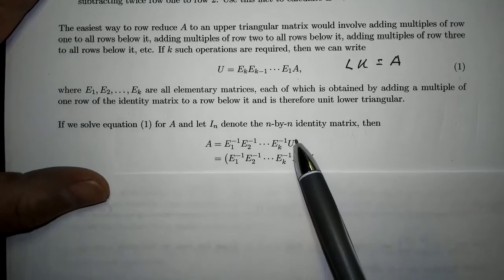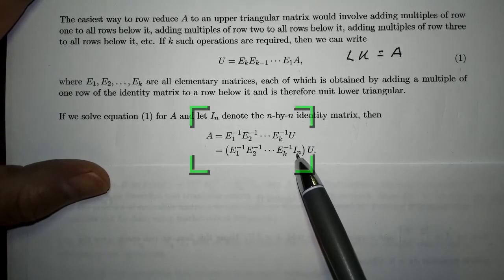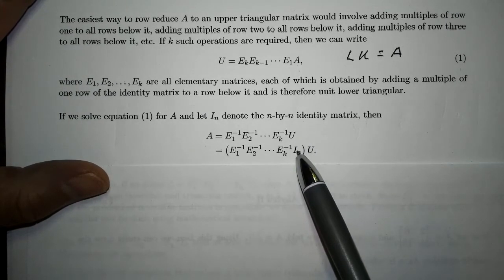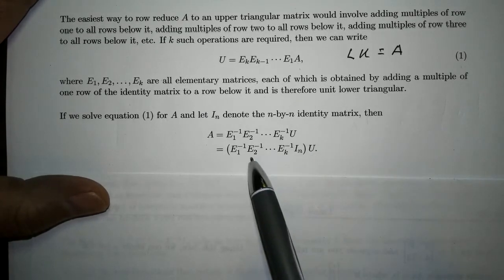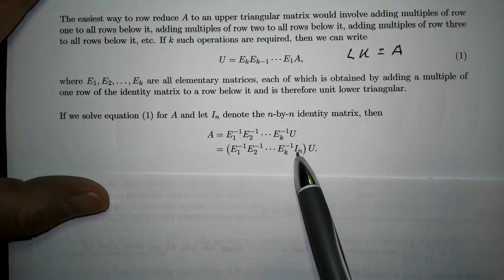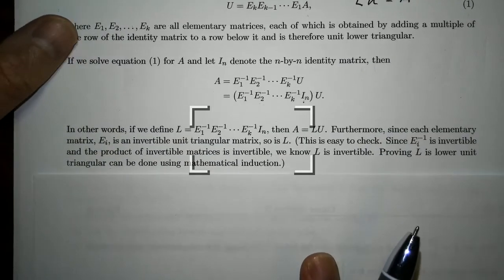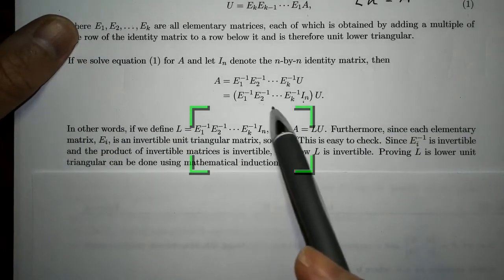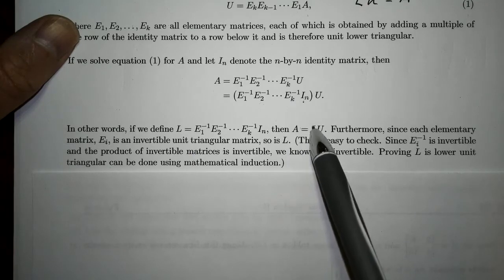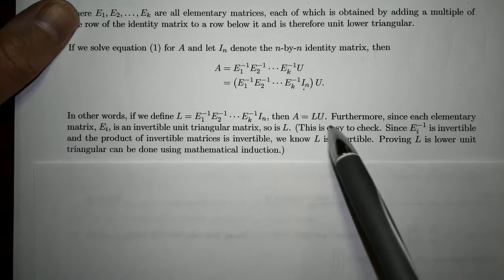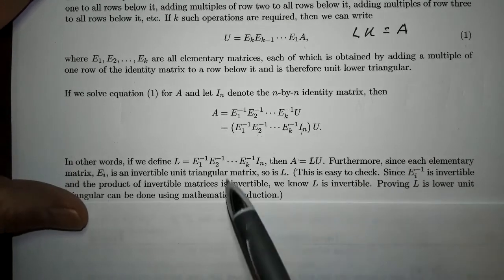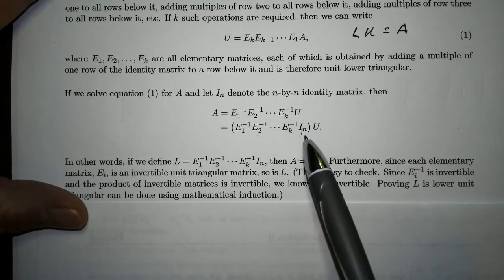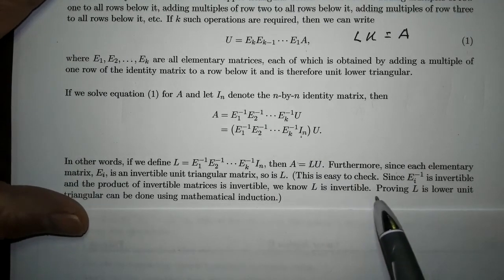Now what we're going to do is just slip a little identity matrix in here, just for kicks. So this much, that's going to be our L right there. So if we define L to be this matrix, A is equal to LU. Furthermore, since each elementary matrix is invertible, the product is, so L is invertible as well. Okay?